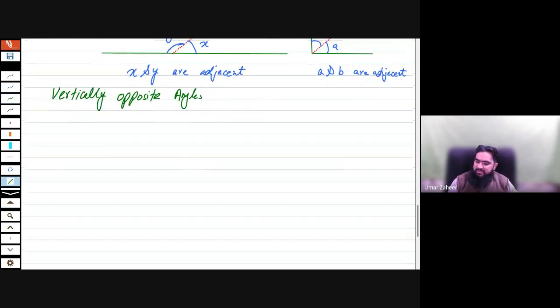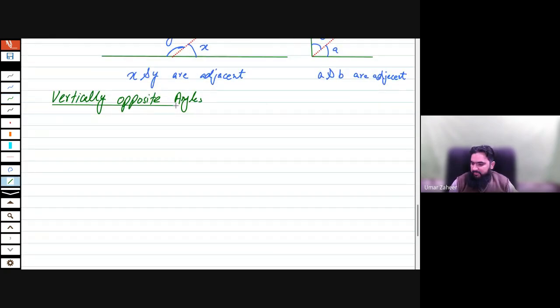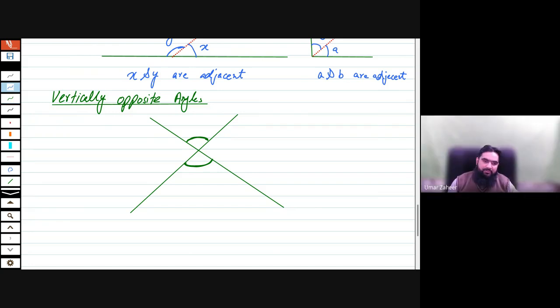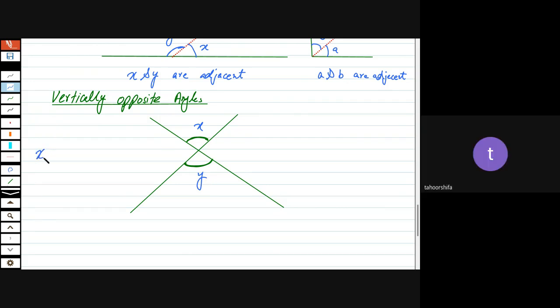Vertically opposite angles are the angles formed when two lines cross each other. These two angles are known as vertically opposite angles. And the property of vertically opposite angles, let's say it is angle X and angle Y, is that they are always equal.